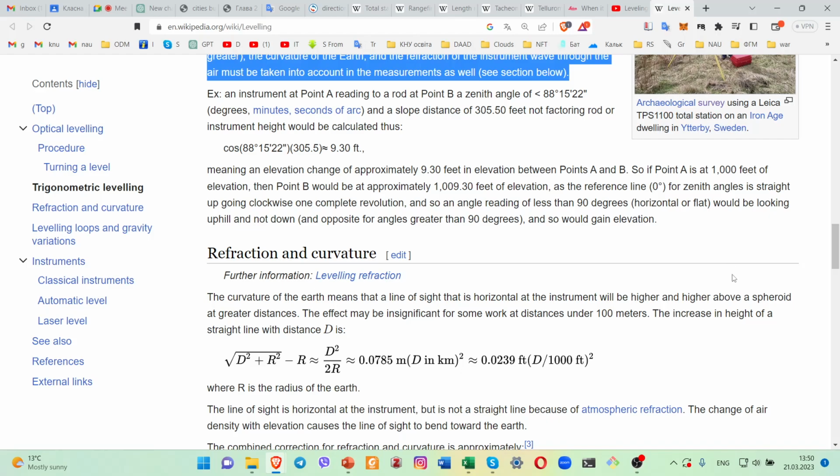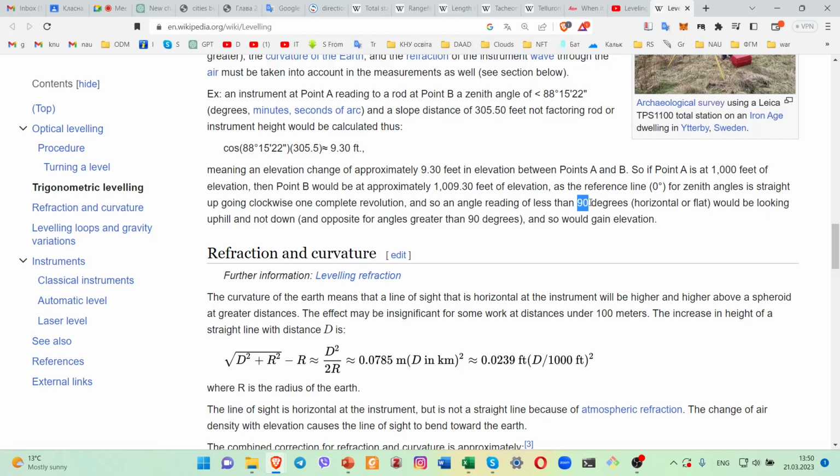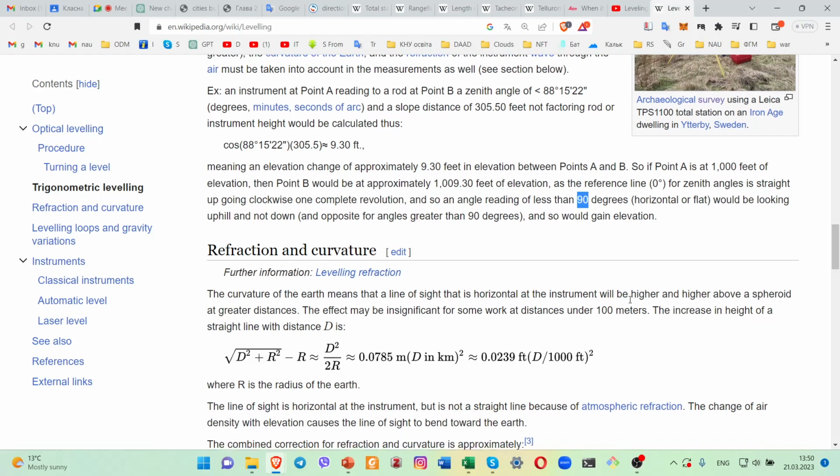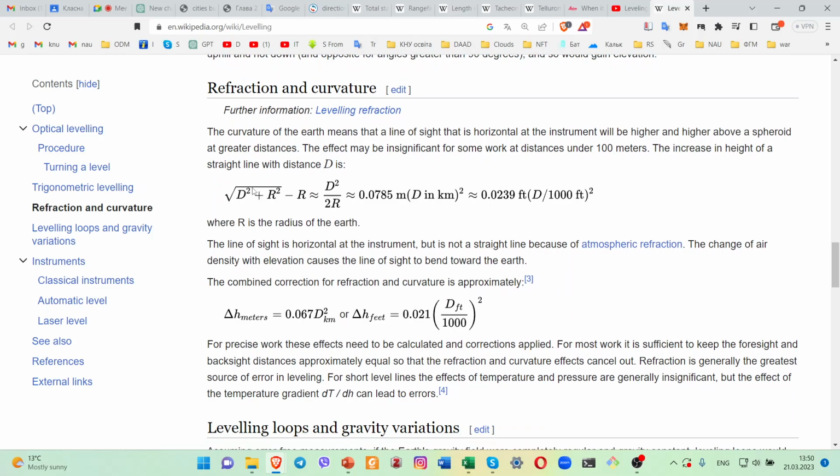As the reference line for zenith angles is straight up going clockwise one complete revolution, an angle reading of less than 90 degrees would be looking uphill and not down. Here you can see the examples of refraction and curvature calculation.